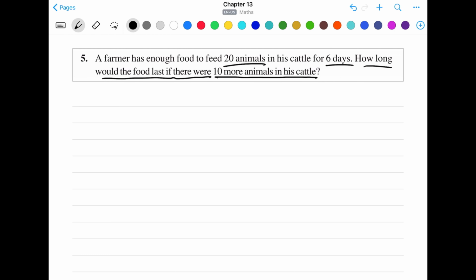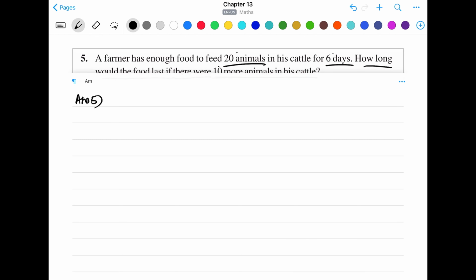If we add 10 more animals to the group, for how many days will that amount of food last? The amount of food is fixed here. The number of animals is increased from 20 to 30, as we're adding 10 more animals. Now we have to calculate how many days this food will last.